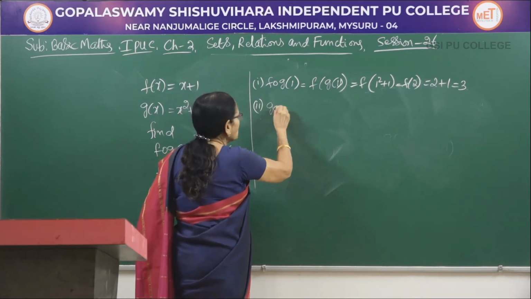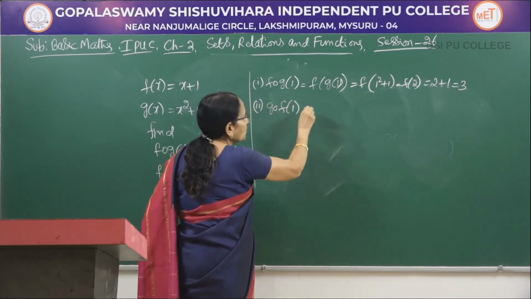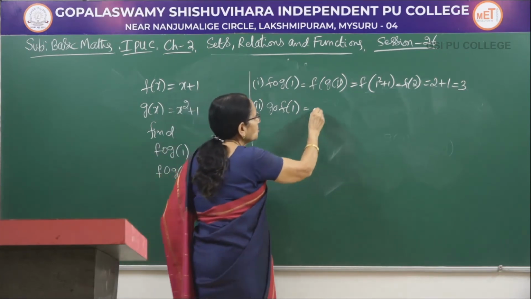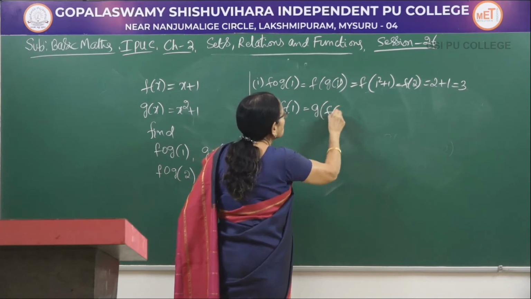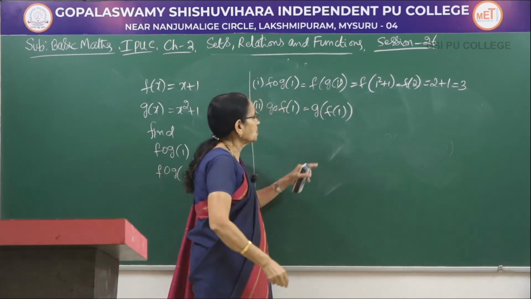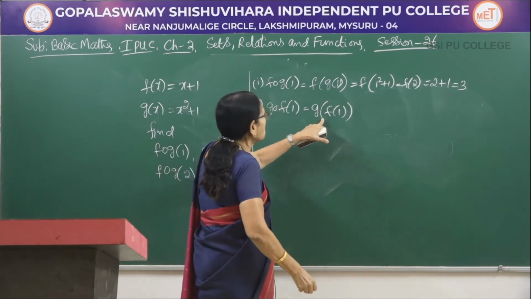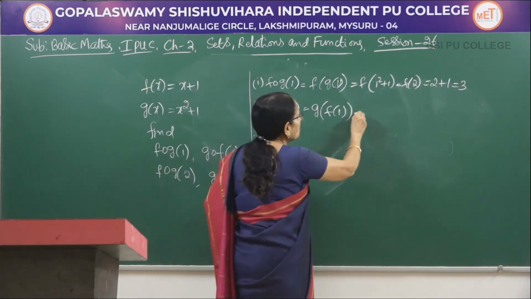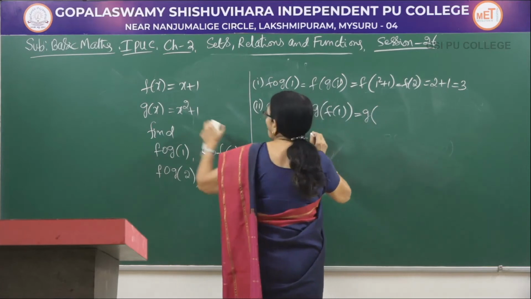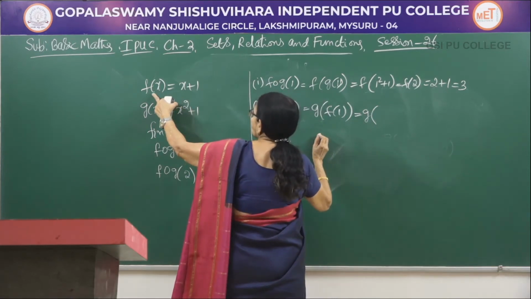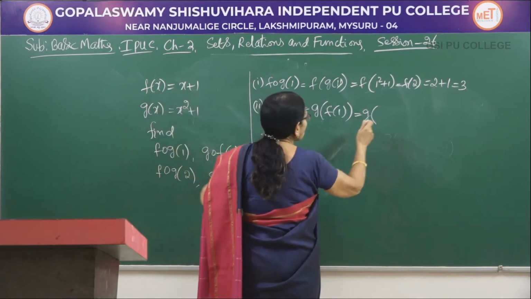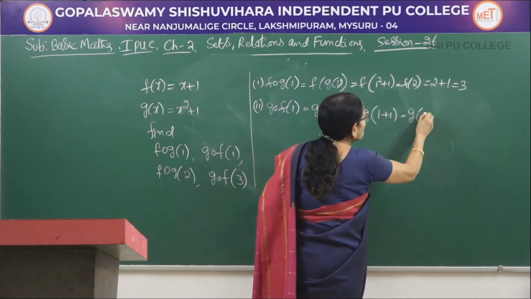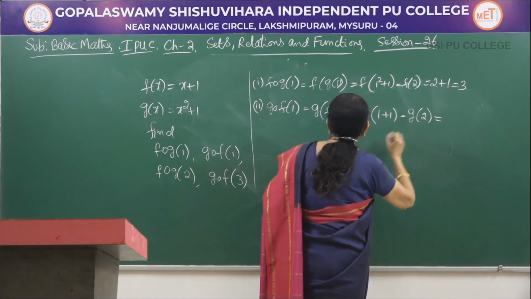Then second one, g of f of 1. That means f would be operated first, then we will be operating g. Now go to the function f here. f of 1 is 1 plus 1, that would be g of 2.